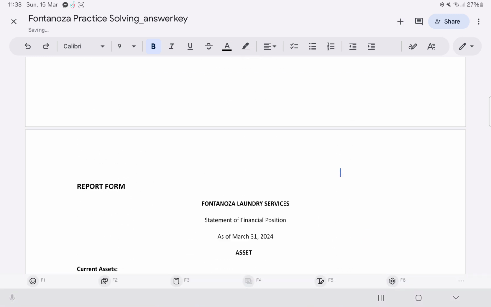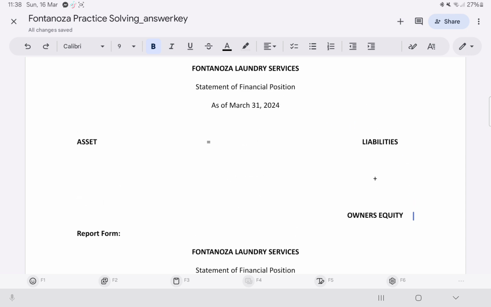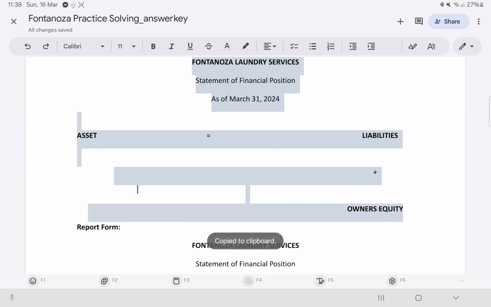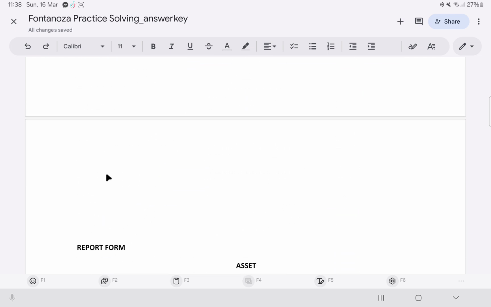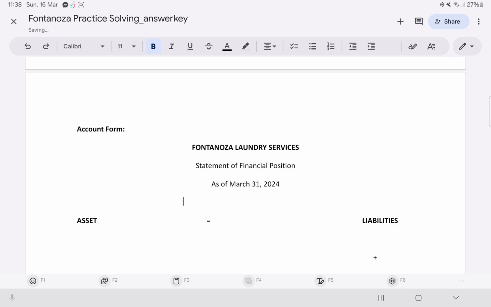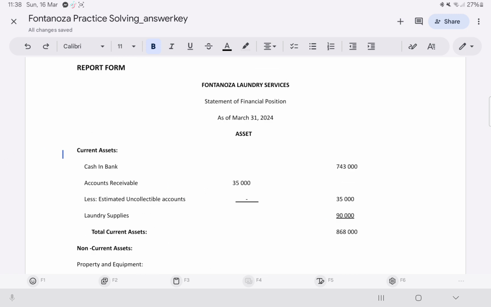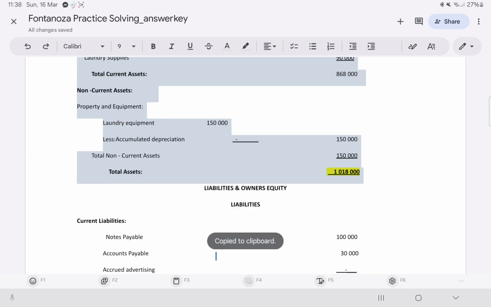So this is a report form, but if I will let you make an account form, here's the sample quotation. In assets, you will just copy this one: current and then current assets and total assets.